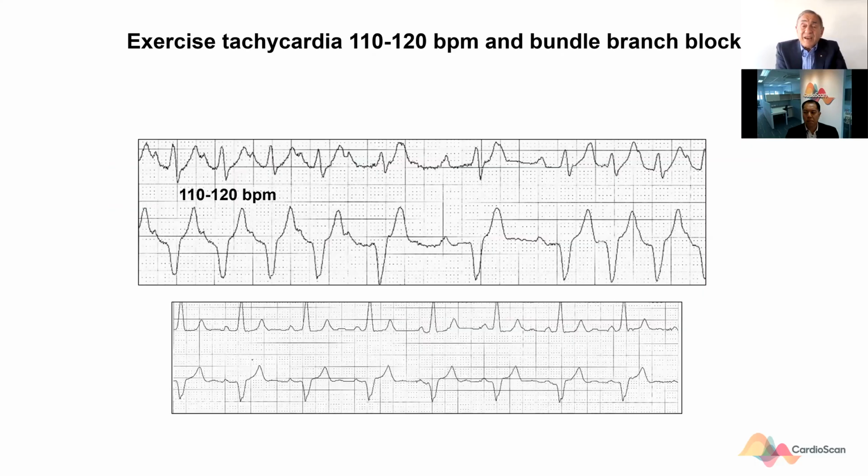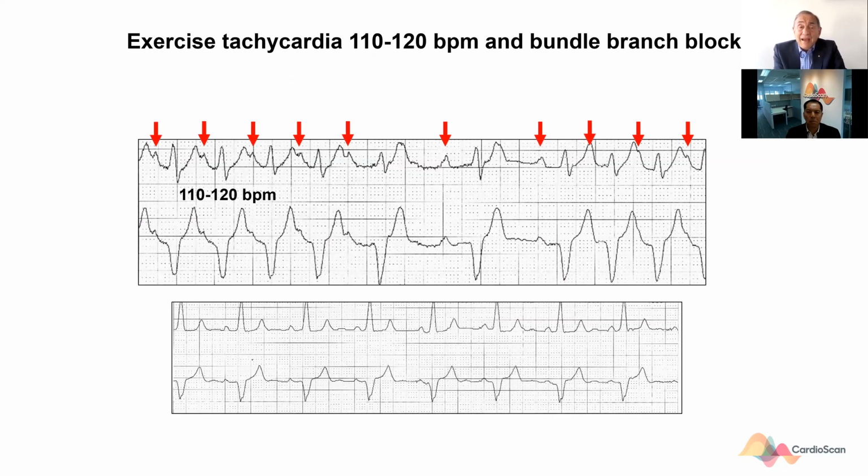Here is a case, though, which is different. Patient is undergoing an exercise test. There is a bundle branch block, and at 100 to 120 beats per minute, there are pauses noted.